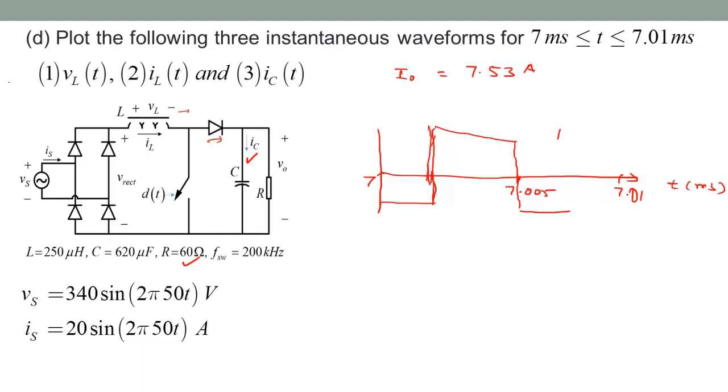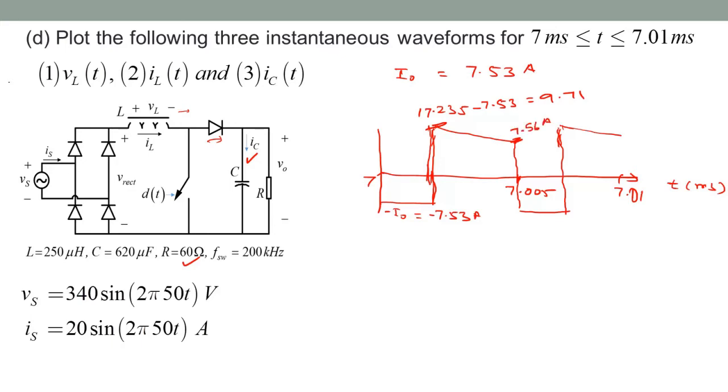Then jumps to the peak inductor current minus the load current, and so on. So this is minus I out equals minus 7.53 amps, and this value would be whatever was the IL peak that we calculated, 17.235 minus the load current, okay, which I think is 9.71, and this value is again IL minus I out, comes out to be 7.56.